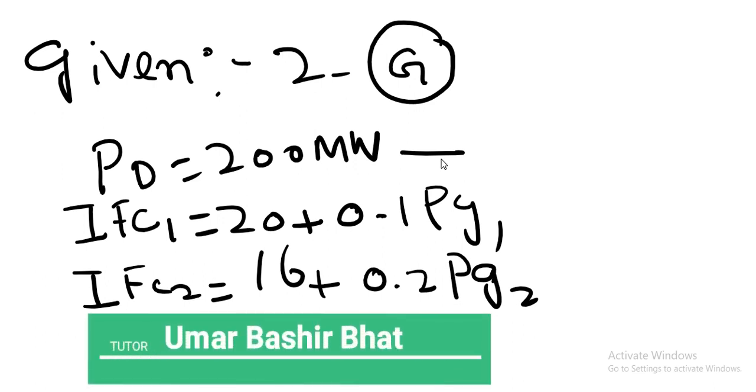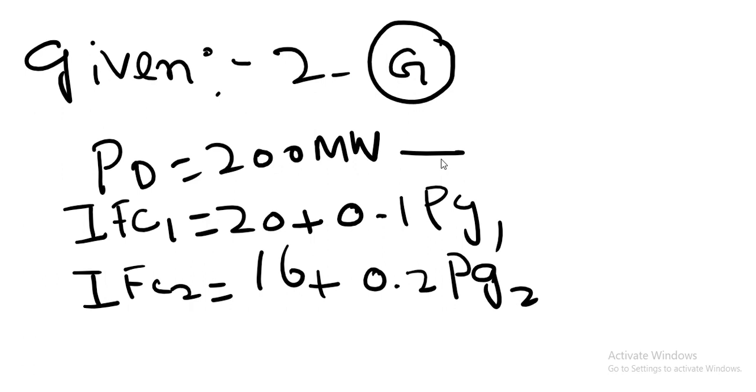This IFC1 is the incremental fuel cost of generator 1, and IFC2 is of generator 2.